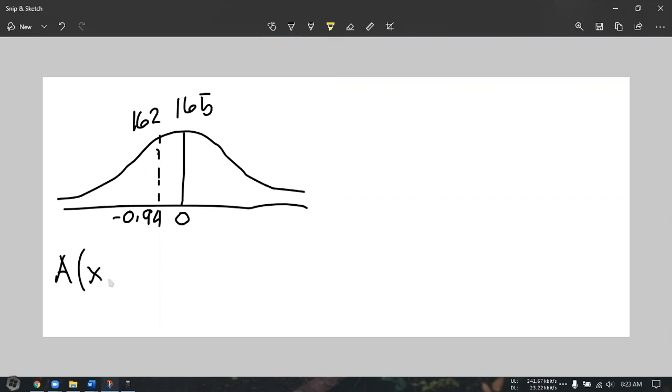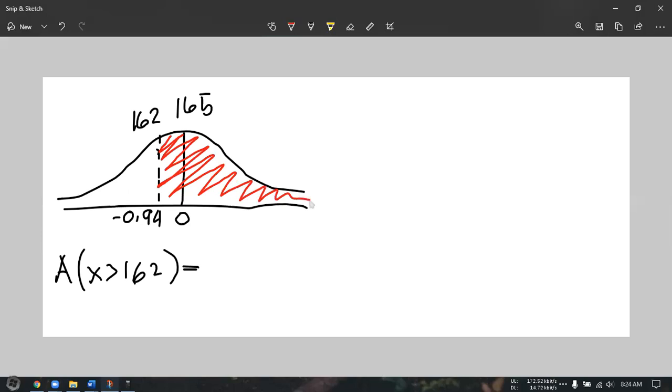Taller is greater than 162. We'll be shading the right side of 162 since we're looking for the taller.